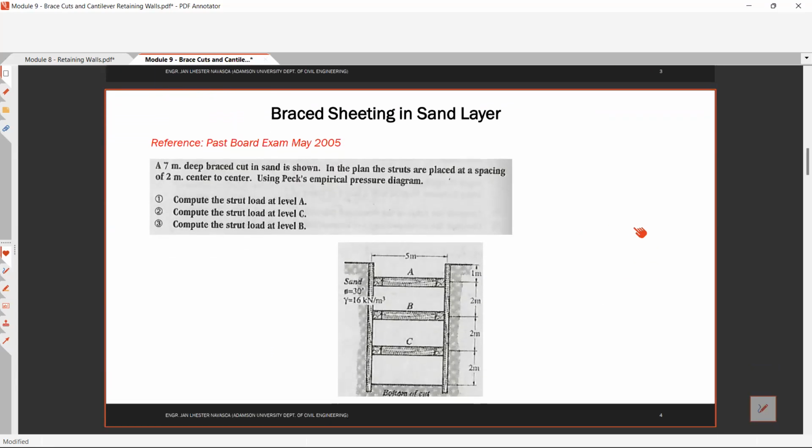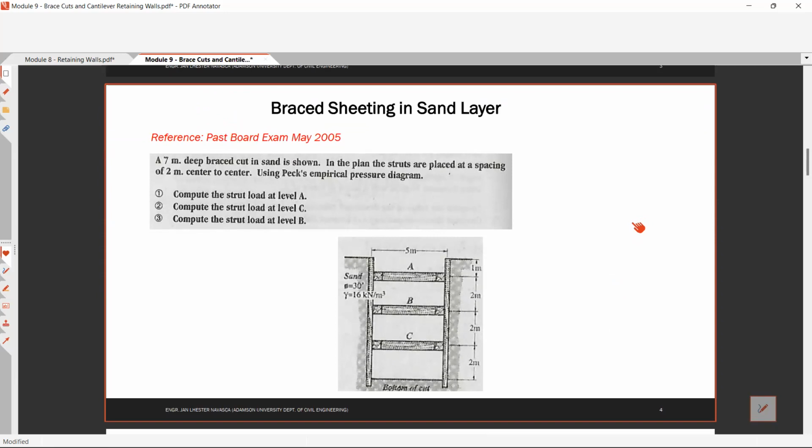Okay, so let's try to solve using this braced sheeting in sand layer. This is a board exam problem from May 2005. A 7-meter deep braced cut in sand is shown in the figure. In the plan, the struts are placed at a spacing of 2 meters center to center.